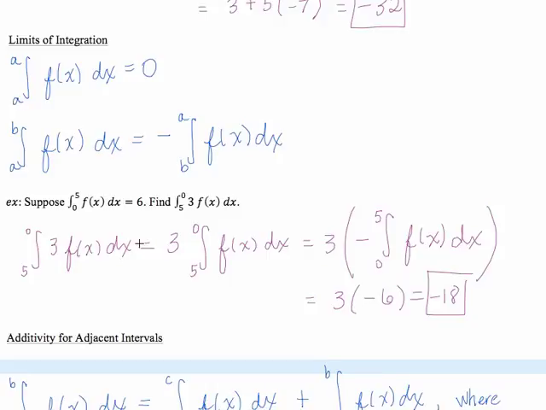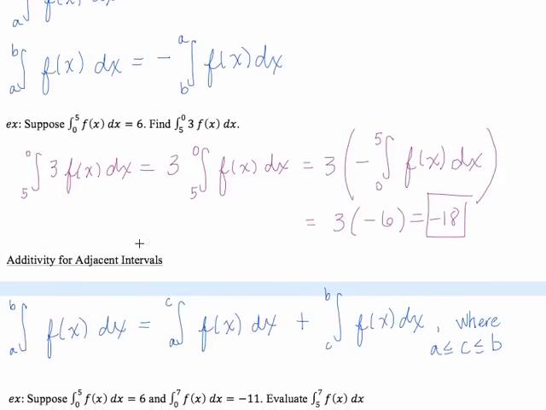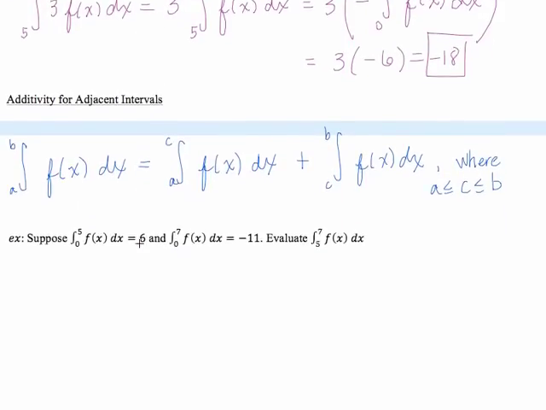All right, and the last property has to do with adjacent intervals. So the integral from a to b of f of x can be split into 2 different integrals, where, if you look at this, c is in between a and b.